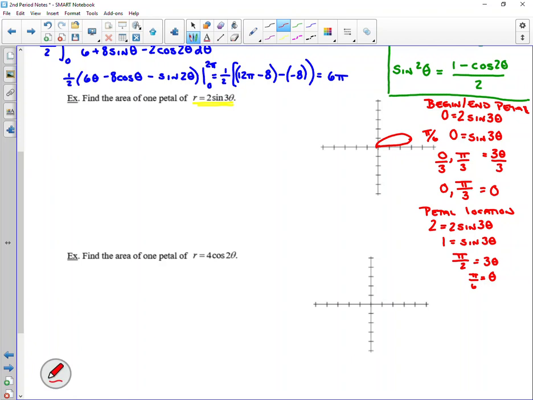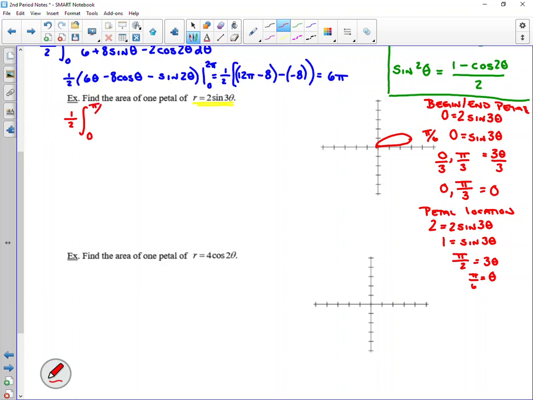It depends on what complicated is to you. If you forget the 1/2 often, then it's better to just multiply it by 2, only find half of it, and get rid of it. But if you think it's more complicated to think of halfway, then just go 1/2 integral 0 to pi over 3. Which one do you want?